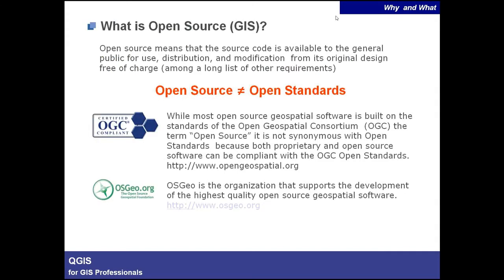I also wanted to introduce two organizations. First of all is the OGC, the Open Geospatial Consortium, that defines standards in the GIS world, such as WMS, Web Map Service, WFS, or also data standards like GeoJSON or standards for the new GeoPackage and things like that.